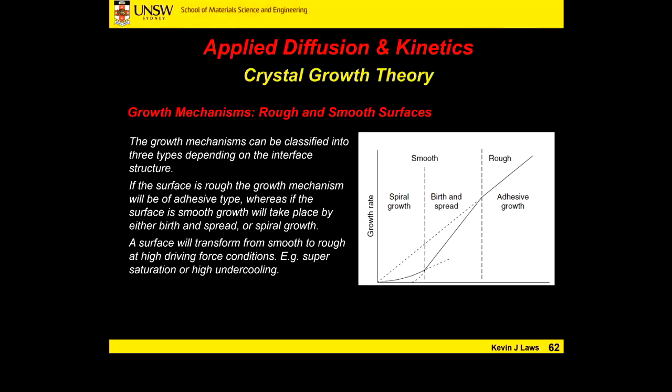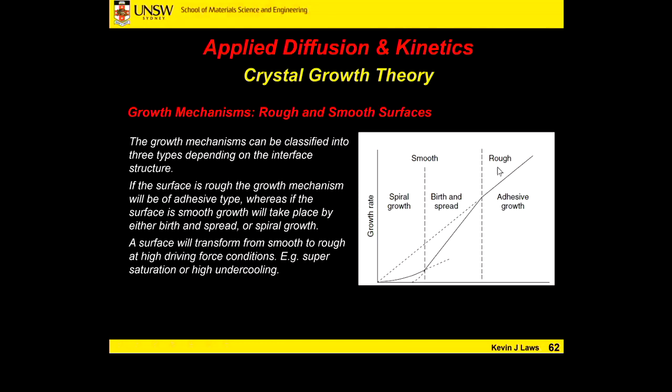The birth and spread type of growth typically produces nice smooth surfaces. We have a couple of different types of growth regimes, and they're basically distinguished by the speed at which they grow. In terms of producing smooth surfaces, we have spiral growth or birth and spread growth regimes, and then in terms of producing a rough surface, we have this adhesive growth.